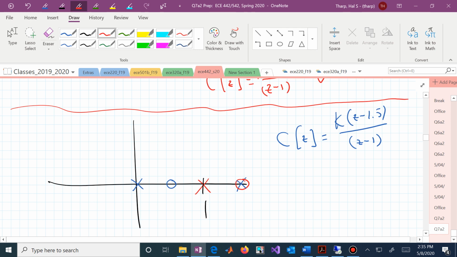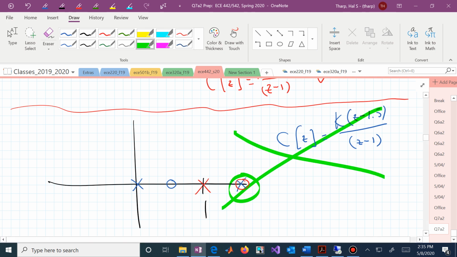Now you can't throw away your glasses here or put them on and say, oh, this is fine. That's not fine. That's what's going to cost you 150 points on this 10-point problem. So that is not going to work.